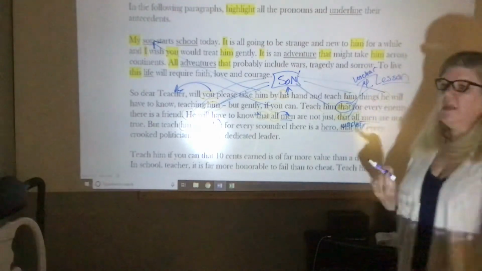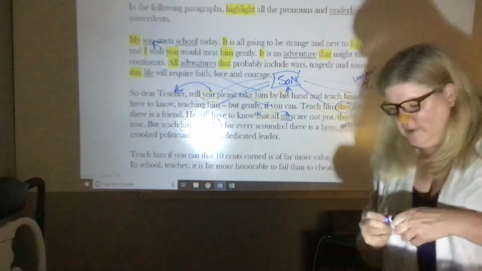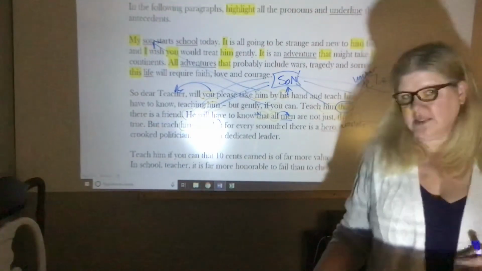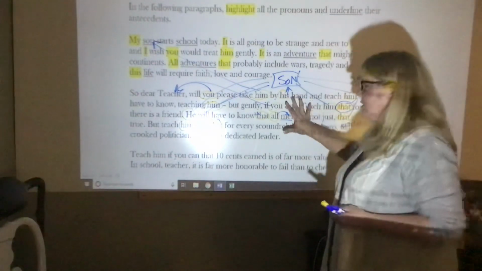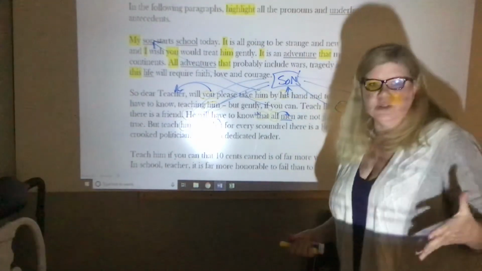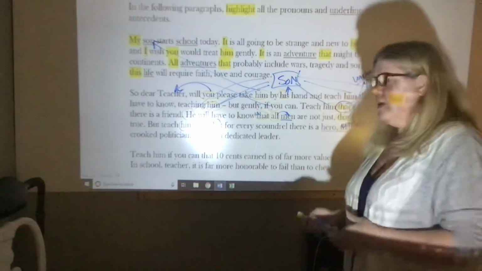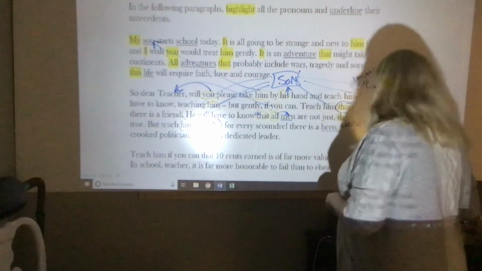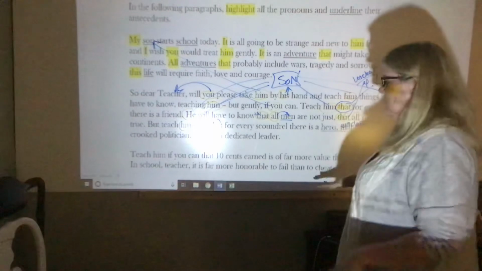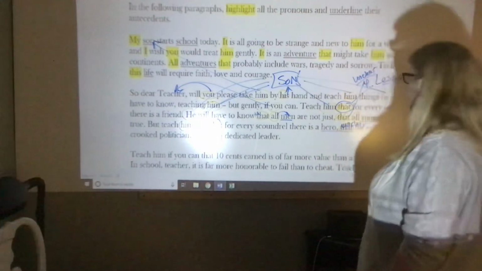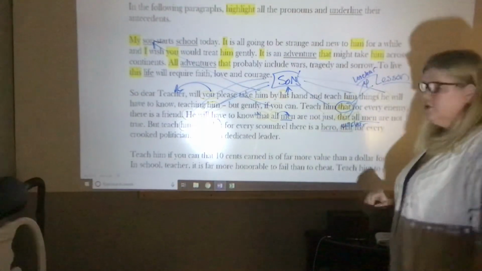So we have to really be careful with these, and that's why we're really looking at this, is because in your SAT, they're going to give you those unclear references, and they're going to ask you, how could you best fix it? What would be a better way? So make sure you're paying attention to that. So what I want you to do is practice your next couple paragraphs that are on here. Do those together.